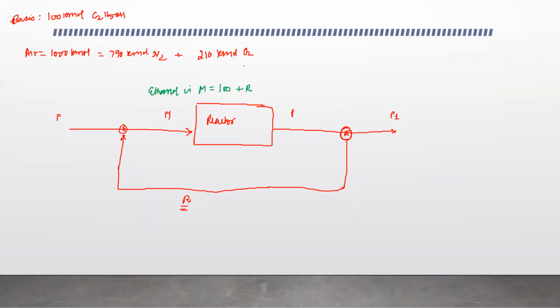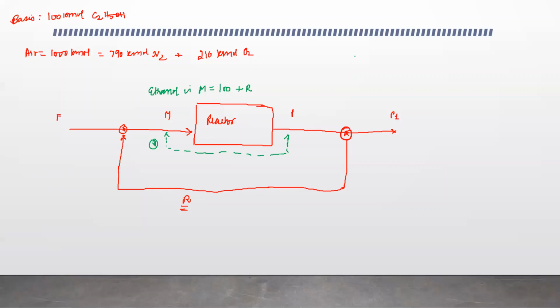Then it has got reacted. So my per pass conversion is 25%. That means ethanol fed minus ethanol left upon ethanol fed gives you 0.25.